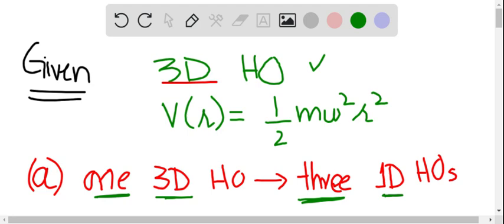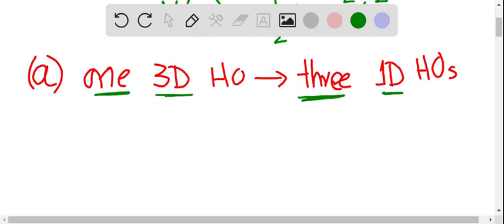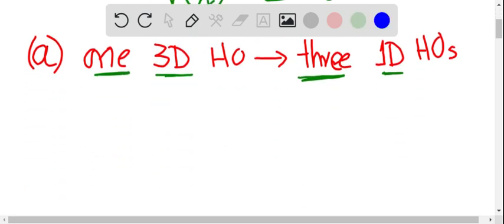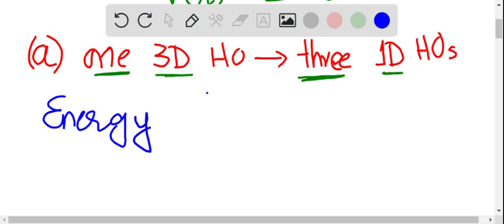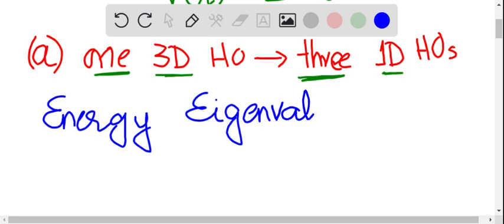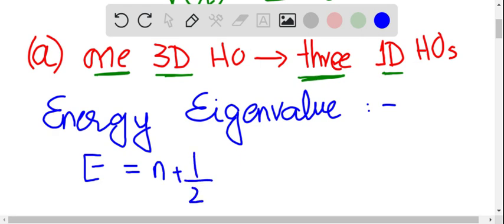So the solution is very simple, but before starting with the solution, you must know one thing, that the energy eigenvalue of the quantum harmonic oscillator is given by the equation E is equal to n plus 1 divided by 2 times the Planck's constant times the omega, right?